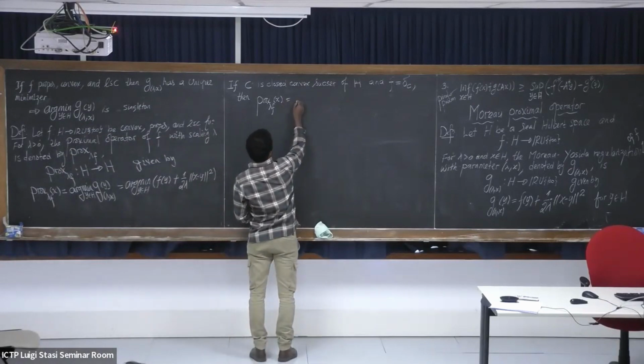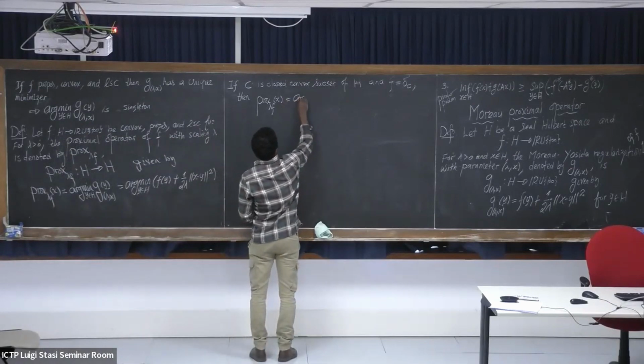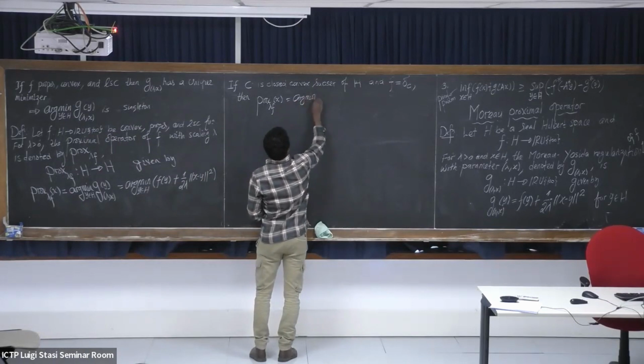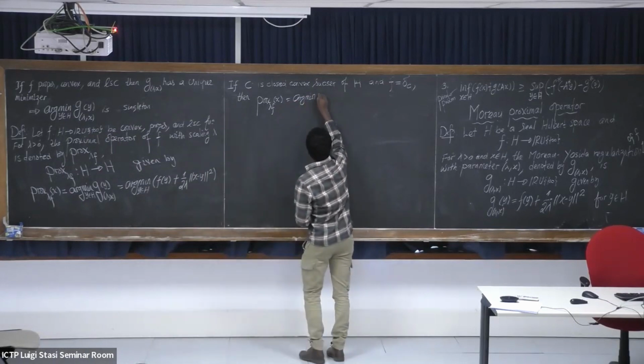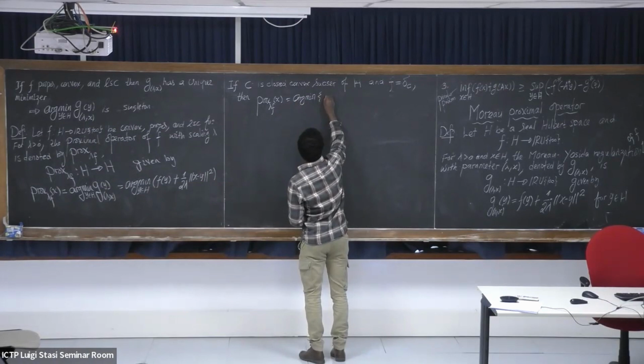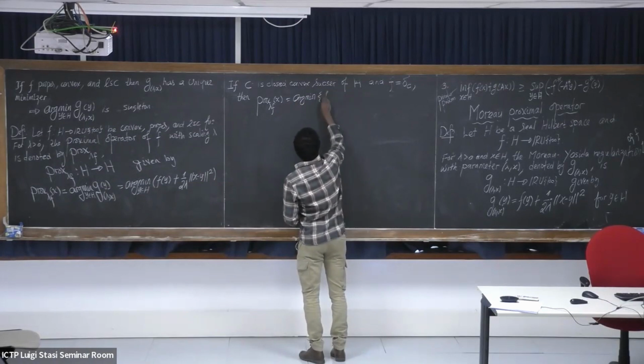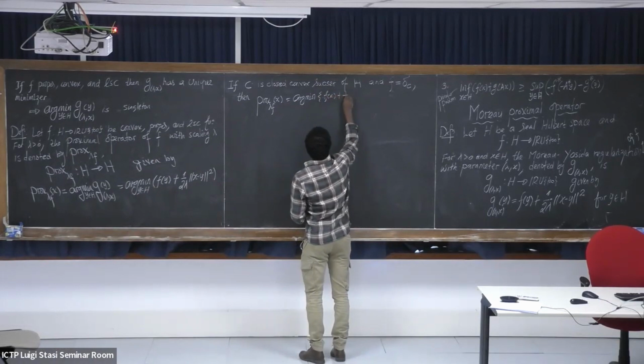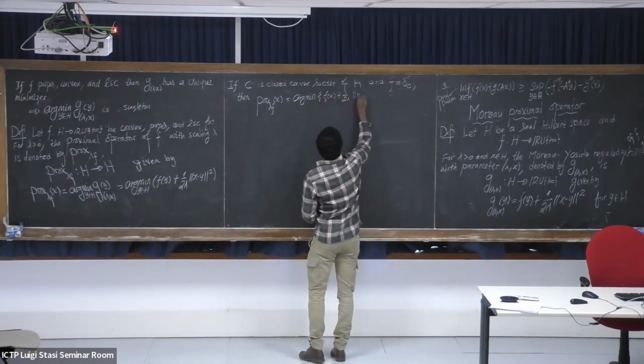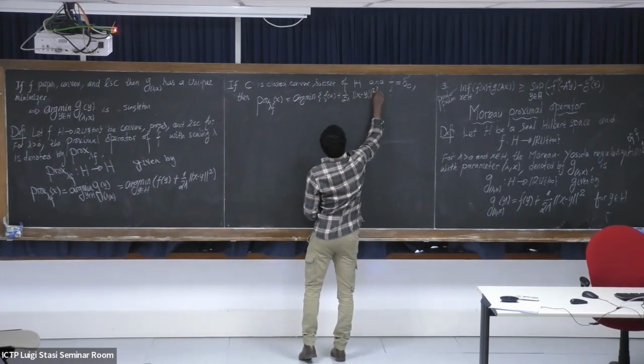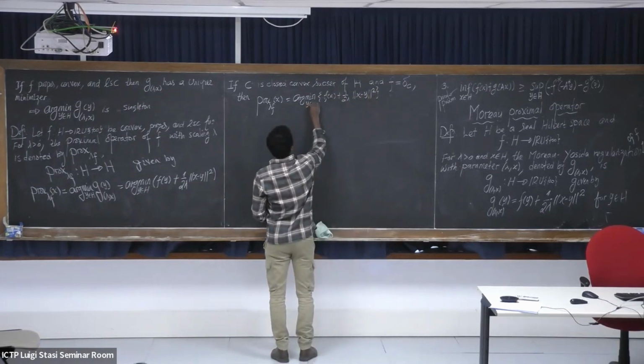If f is the indicator function, the proximal operator is the argmin of f of y plus 1 over 2 lambda times the norm of x minus y squared, y in H.